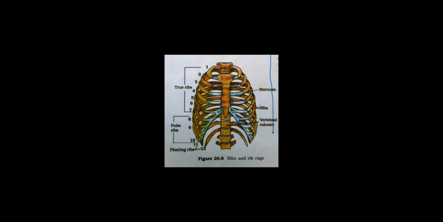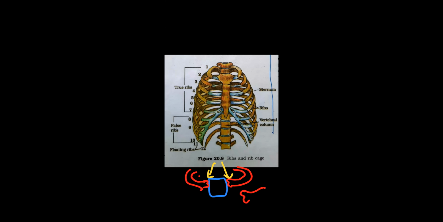If this is the vertebral column, and this is one of the vertebrae, when the rib attaches there, at the head part of the rib, at this point of attachment, it has 2 projections.